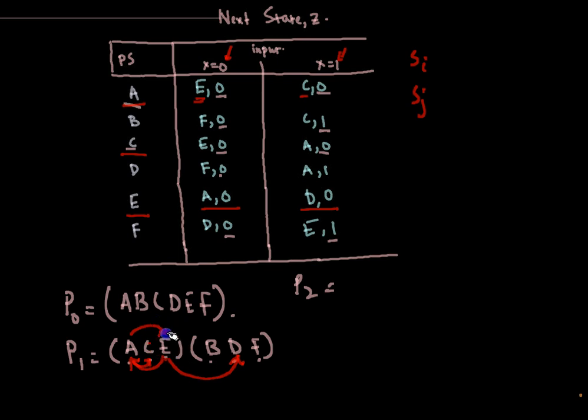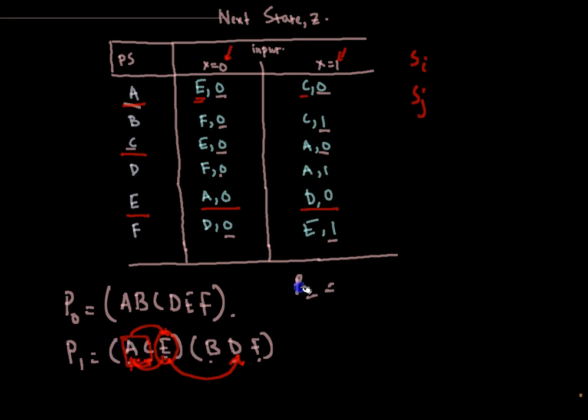So since E is showing different behavior for input strings of length 2, because for the second input it goes to a state D belonging to the other partition, E is not equivalent with A and C.